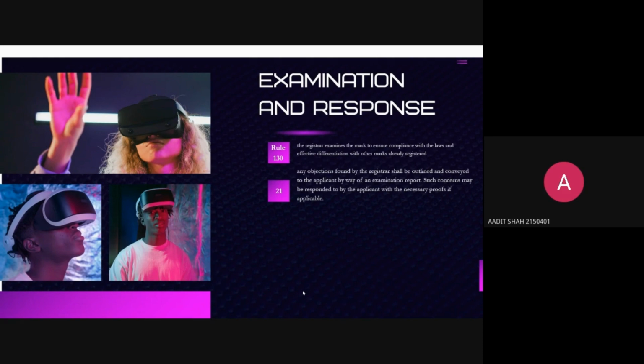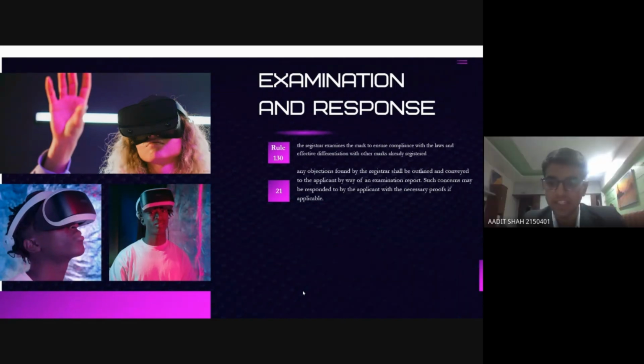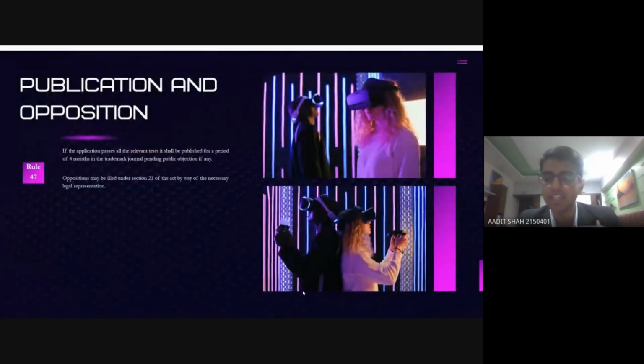However, if there are any objections made by the public under Section 21 of the Act, the registrar must take them into consideration and create a proper report, following which it must ask the aggrieved party to make a counter application as well, and must also permit any correction of errors if necessary.